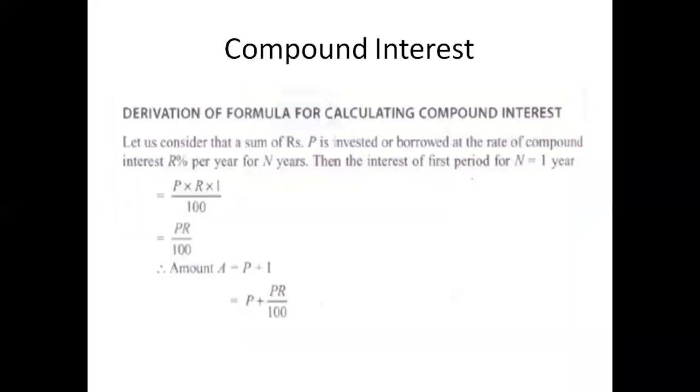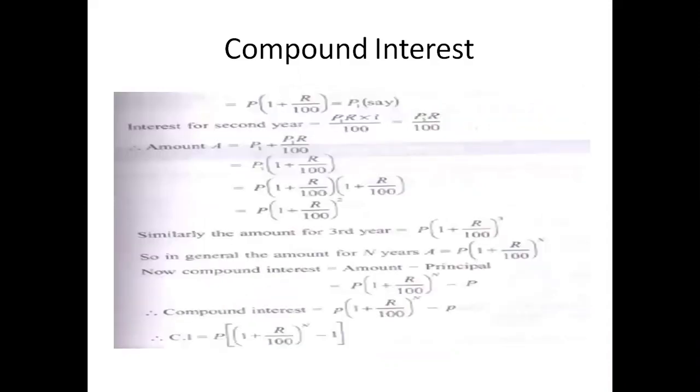Now we are continuing with the first. We'll show two slides for continuation of the formulas, for recapitulation. Compound interest is calculated for the first year as P into R into 1 by 100, that is P into R by 100. And the amount A is equal to principal plus interest, P plus P into R by 100, for the first year is equal to P into 1 plus R by 100.